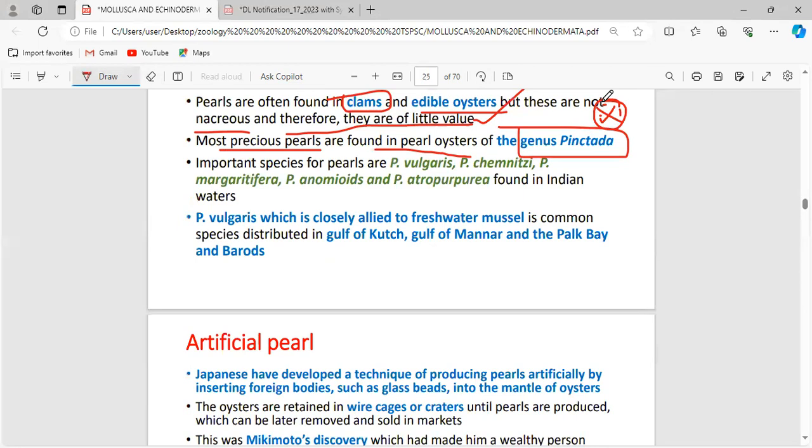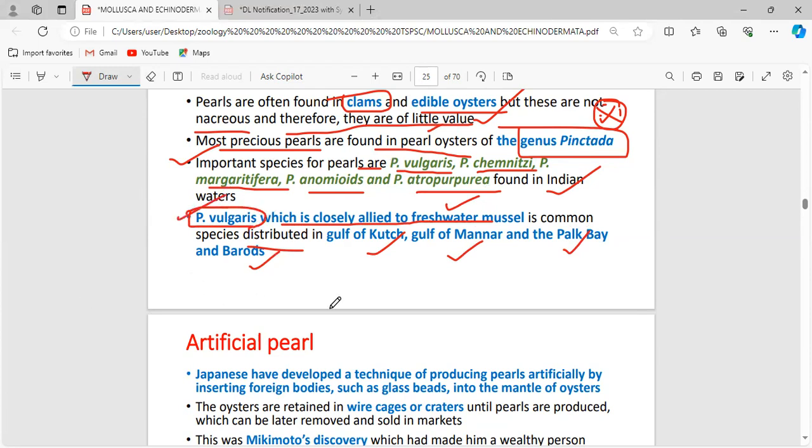The important species of pearl oysters present in Indian waters are Pinctada vulgaris, Pinctada chemnitzii, Pinctada margaritifera, and others. Pinctada vulgaris is the common species distributed in the Gulf of Kutch, the Gulf of Mannar, and Palk Bay. This is the common species, Pinctada vulgaris.